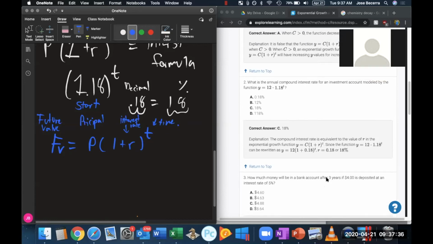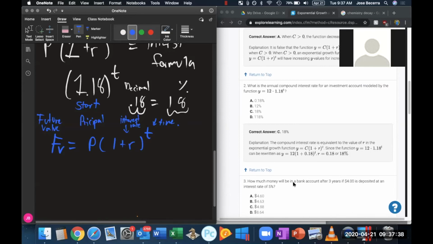So it says, how much money will be in a bank account after 3 years if $4 is deposited at an interest rate of 5%? So we're looking for my future value, my FV, right? And my principal, guys, how much did I start with? $4.